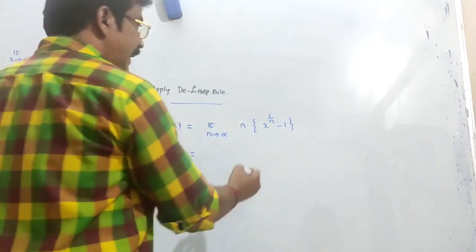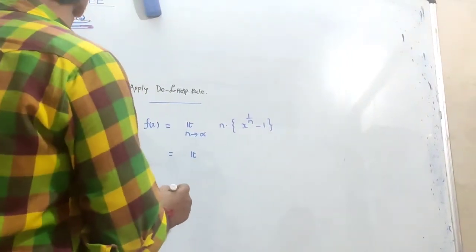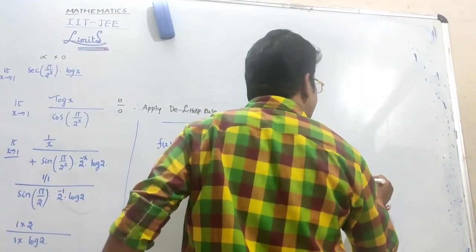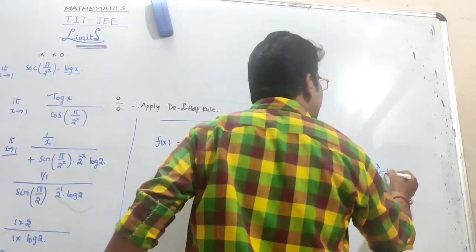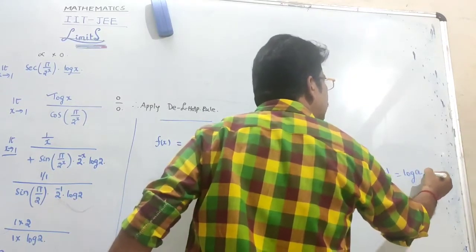Listen. Actually, it can be written as, okay, before that, I wish to recall one formula: limit x tends to 0 of a power x minus 1 divided by x equal to log a.